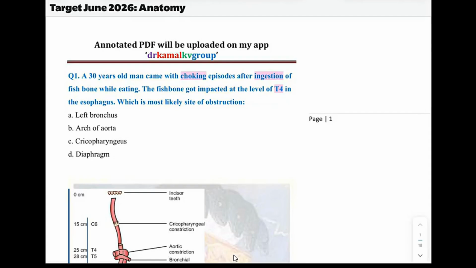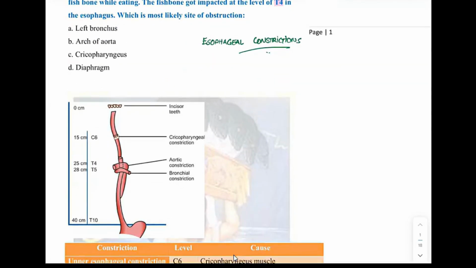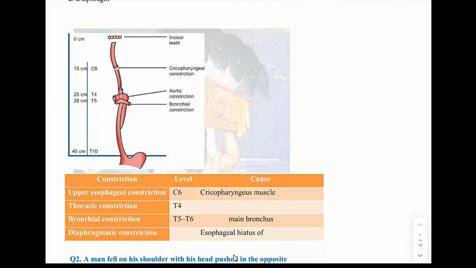Now here the topic is actually esophageal constrictions, and there are 4 areas where the esophagus is constricted because of nearby anatomy. One of the important constrictions is at the point where the esophagus begins, and this is because of the cricopharyngeus muscle.